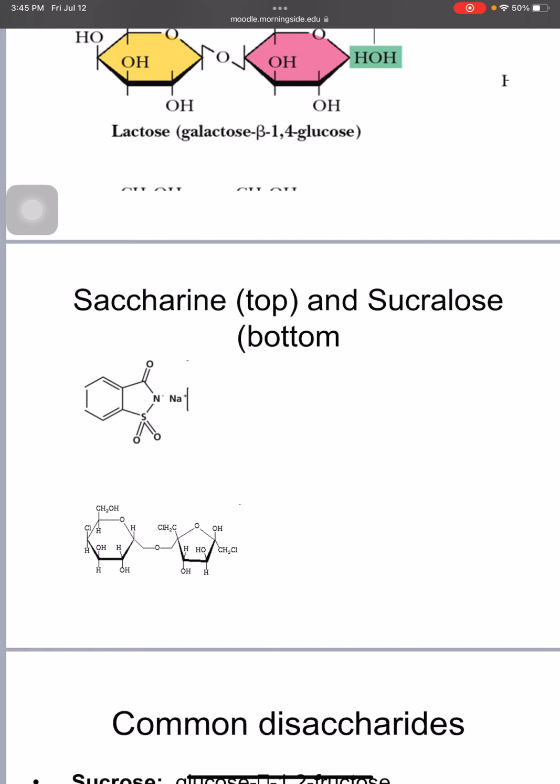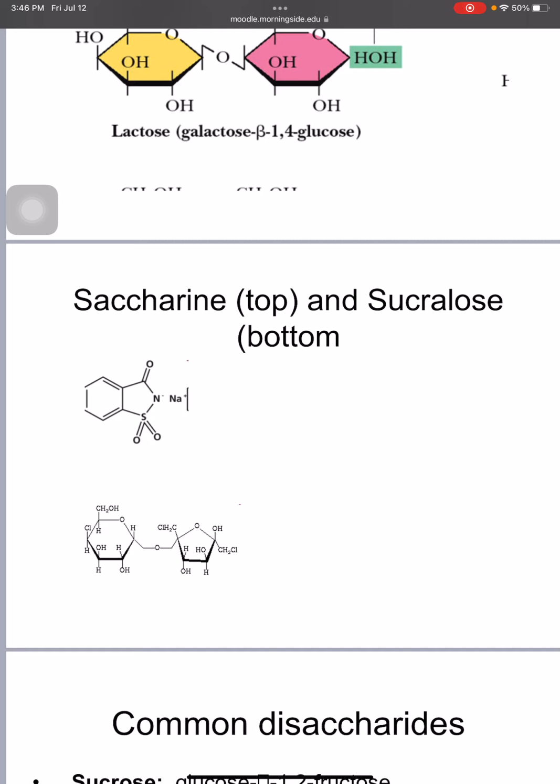And that makes a world of difference because we can digest sucrose, we can break it down, we can get calories from it. Sucralose, you can't. Just having that one Cl in place of an OH means that we can't enzymatically catalyze the breakdown of it, so it just passes through our systems, right?